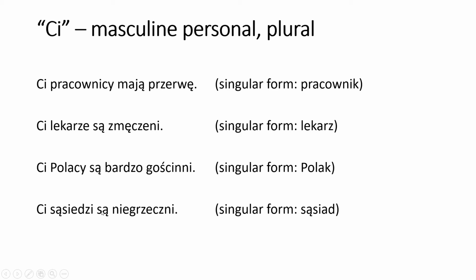Ci sąsiedzi są niegrzeczni. Okay, so I'll read them again. Ci pracownicy mają przerwę. Ci lekarze są zmęczeni. Ci Polacy są bardzo gościnni. Ci sąsiedzi są niegrzeczni. Okay, notice sąsiad becomes sąsiedzi. It looks like, I don't know, rocket science, but you'll get used to that, don't worry.